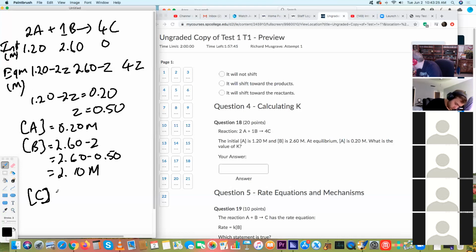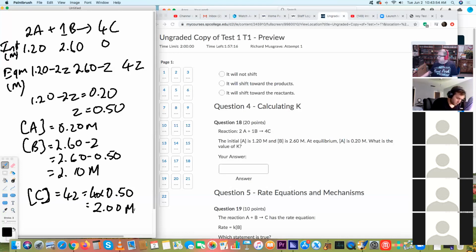And C is going to be 4Z, which is 4 times 0.50, which is 2.00. And again, look at my significant figures there, because that's not a multiplication. It's actually Z plus Z plus Z plus Z, which is 0.50 added to itself 4 times, which gives us 2 places past the decimal, which is 2.00.